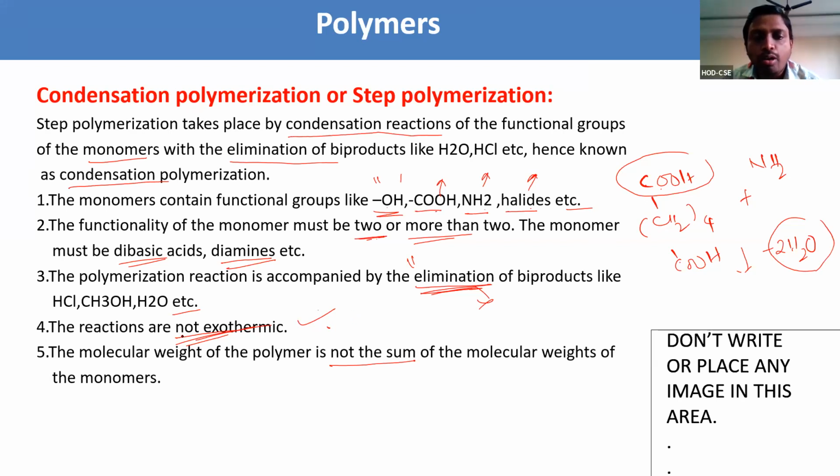So it is a non-exothermic reaction, and the molecular weights are different for the monomer and the polymer. The molecular weight of the polymer is not the sum of the monomers. In addition polymerization or chain polymerization, the molecular weight of the monomer is exactly the molecular weight of the polymer, but here it is different.